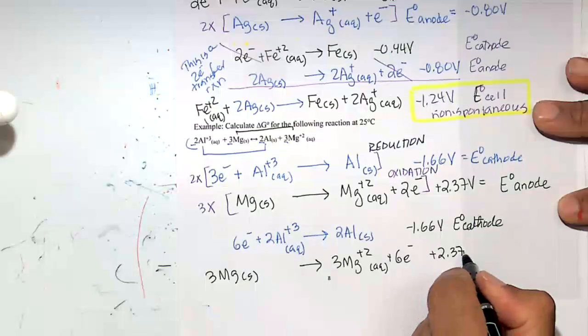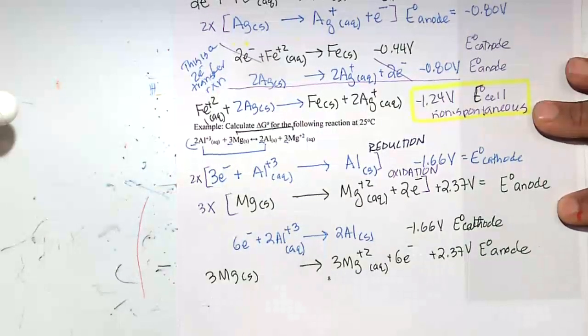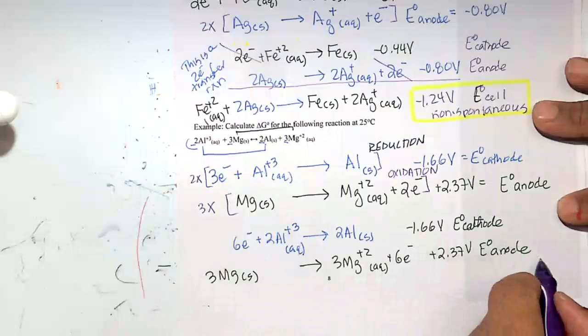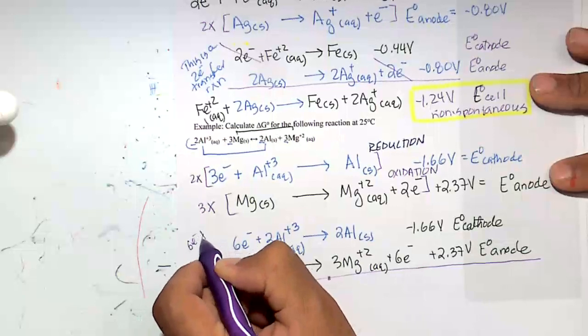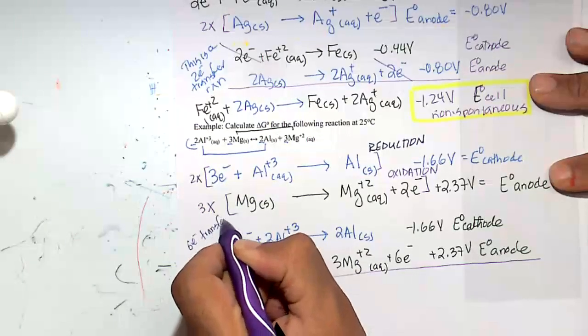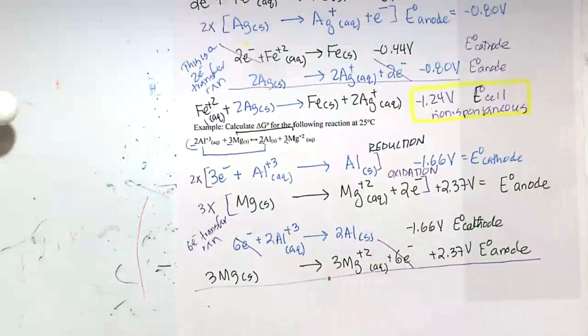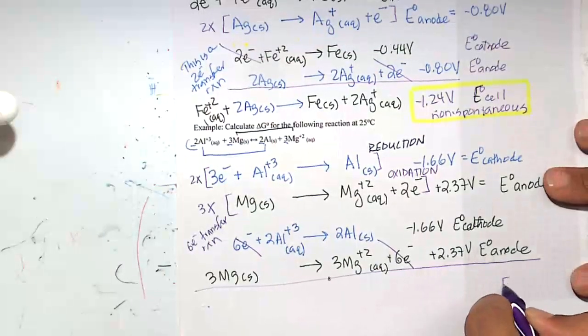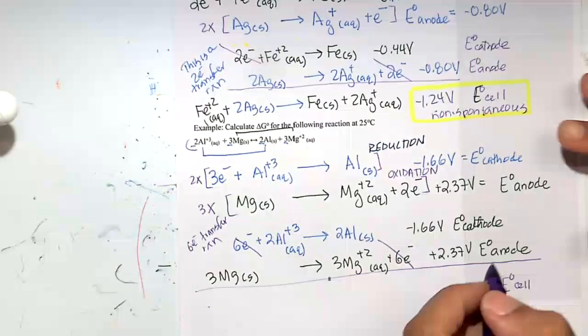This still stays at 2.37 volts. This is the anode. This is a 6 electron transfer reaction, right? The 6 electrons cancel. This is E cell now: 2.37 minus 1.66.